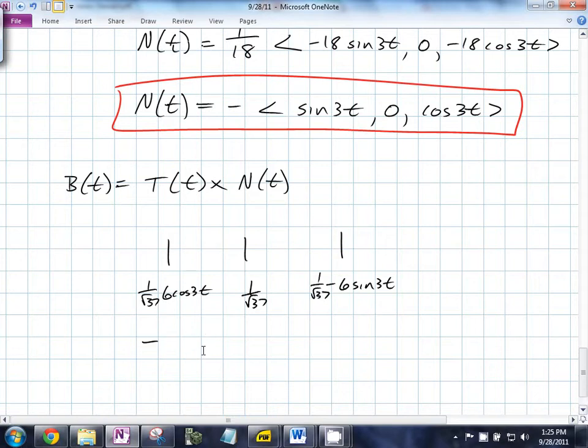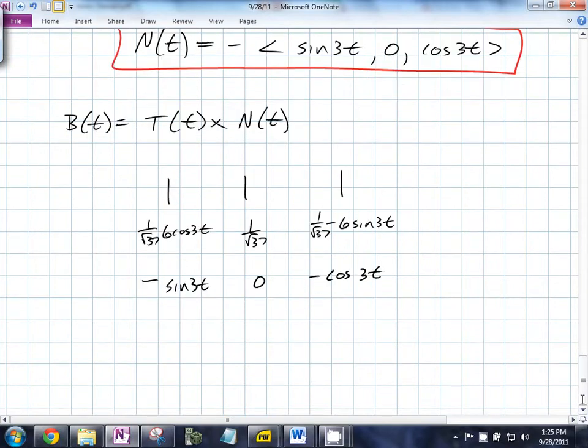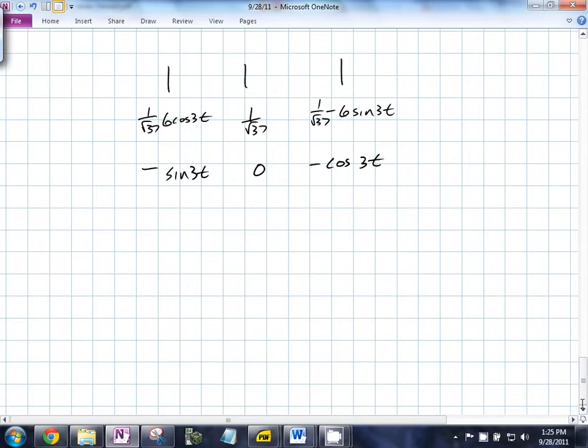B of t is equal to 1 times 1 over root 37 times what? Negative cosine 3t, and that's the i, j, or k component. i minus, well, we can say, comma, negative 1 over root 37 6 cosine 3t. Negative cosine 3t, right?